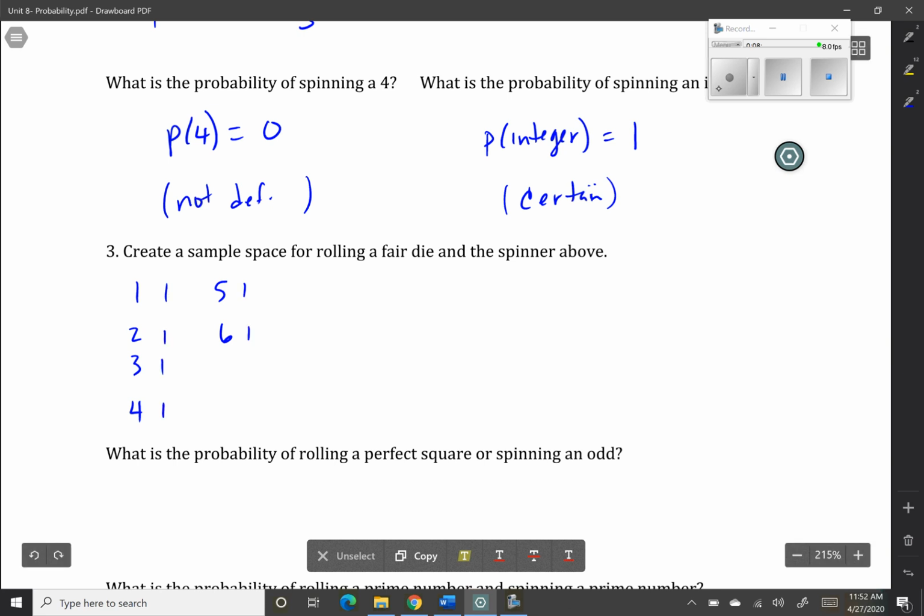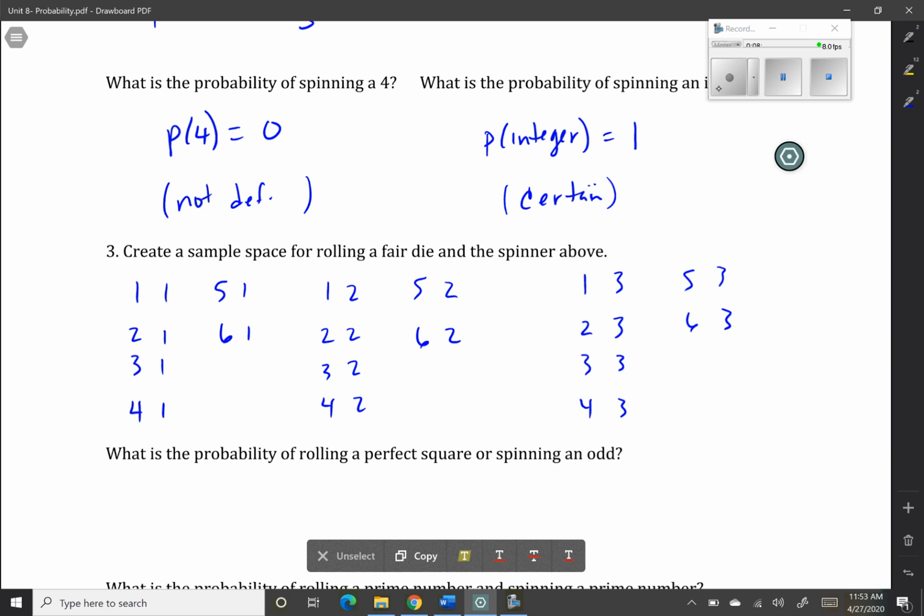For the die, we can do a 1, 2, 3, 4, 5, and 6, or we could spin a 2. For the die, we can do 1, 2, 3, 4, 5, and 6, or spin a 3. Here I'm putting the die first, the spinner second, because that's what it's saying.